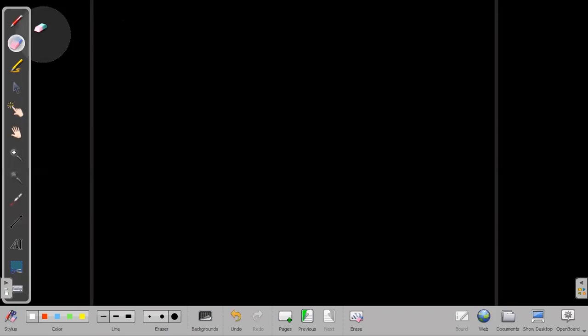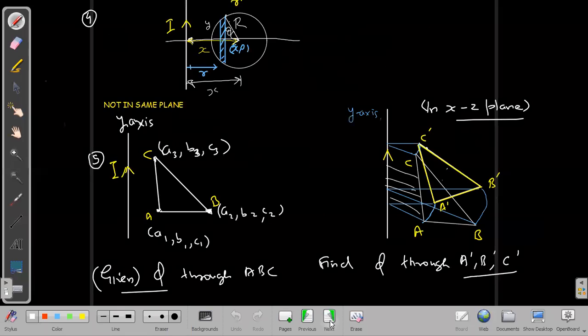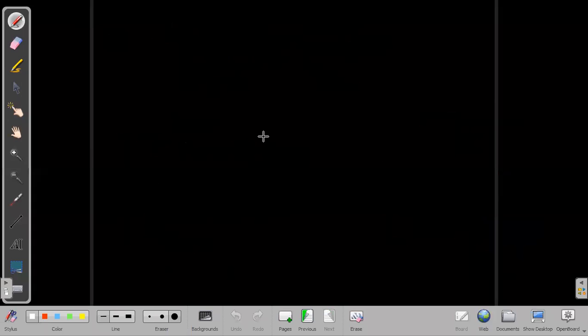Okay, now let us discuss flux. I think enough. Some other questions will still be pending on flux. Those we can do later on, no problem. And sir, not in same plane case, we did not do, I think. Did we? We did same plane, same plane only. Okay. Not in same plane case will be like this.